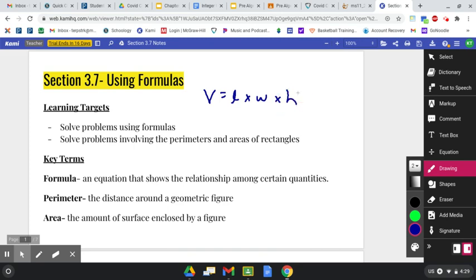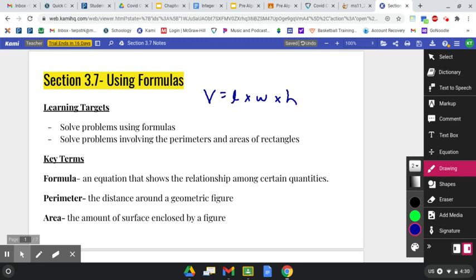That was your three-dimensional figure. In section 3.7, we're going to specifically look at just area and perimeter formulas for rectangles. But our learning target is to solve problems using formulas and specifically involving area and perimeter of rectangles.